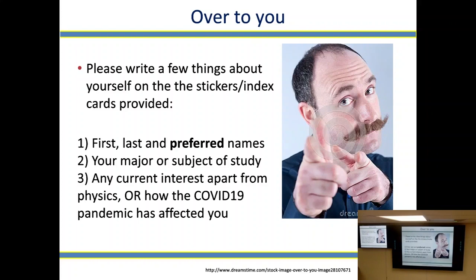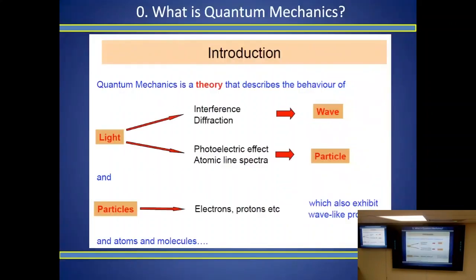Let's just continue to lectures on the reason for quantum mechanics. What is quantum mechanics and why do we have it? It is a theory that describes experimental results about light and particles, especially electrons and protons. It may interest you to know that there are still some particles that quantum mechanics, as we have it, does not fully describe.